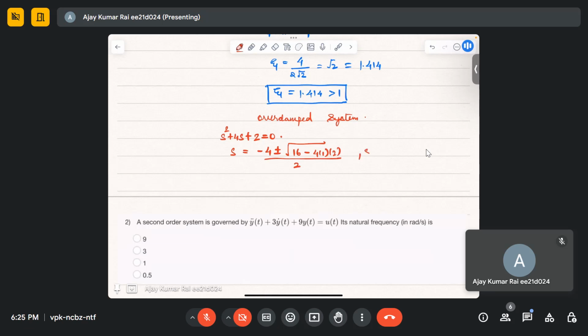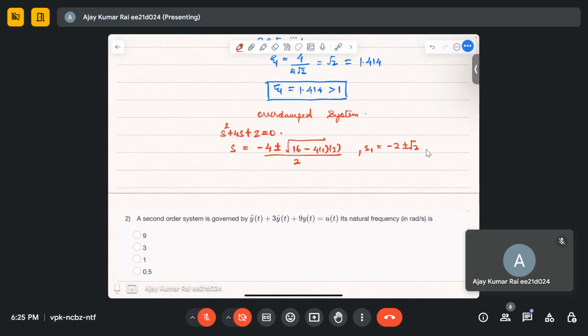So s1 will be minus 2 plus root 2, and s2 will be minus 2 minus root 2. These will be the roots of this characteristic equation.